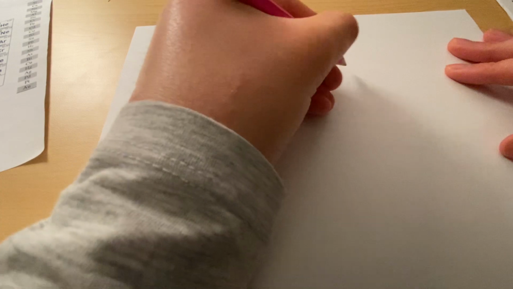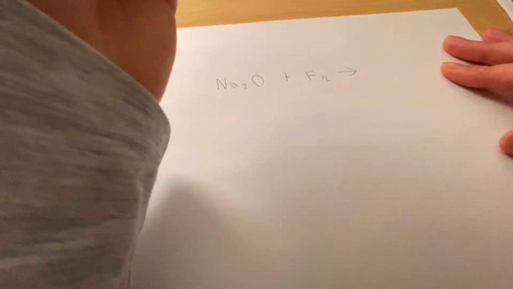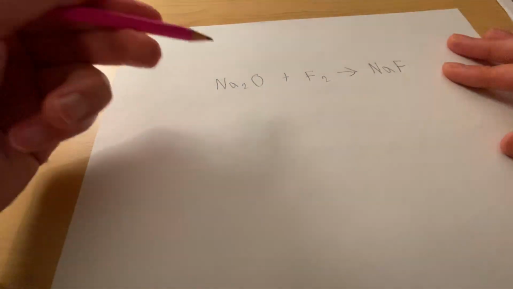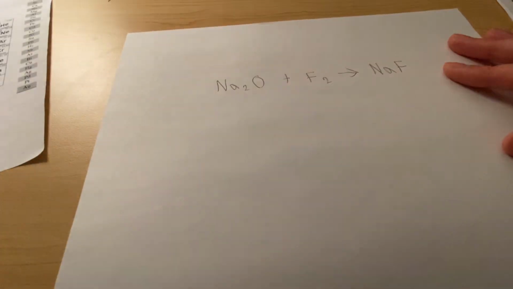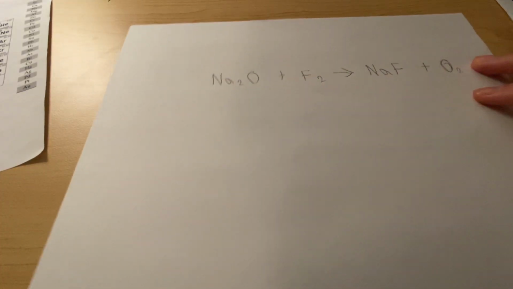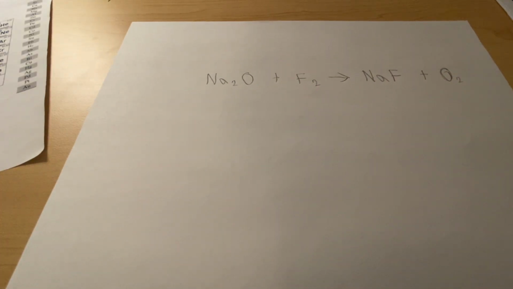So it's going to become sodium fluoride. Fluorine has a minus charge, sodium has a plus charge, so you don't need any extra of each. It's just 1 and 1- cancel each other out. Plus oxygen, you need the diatomic because oxygen is one of those elements that has a diatomic. So hopefully that's pretty straightforward. The reaction will always occur when you have two anions competing for one cation.